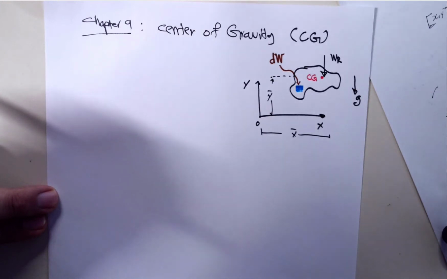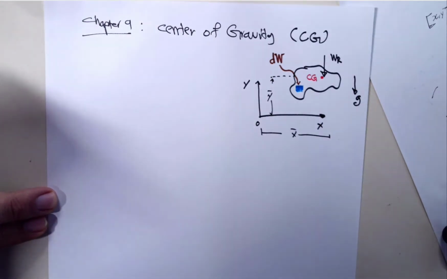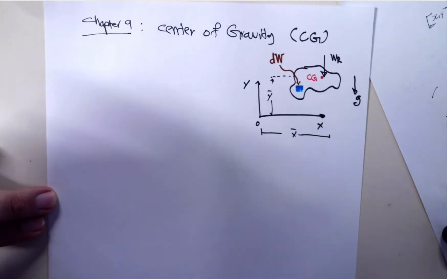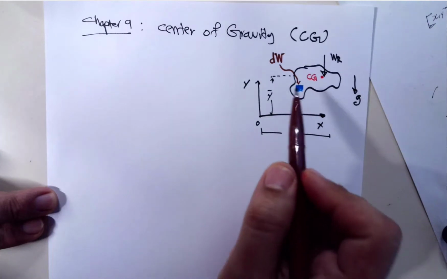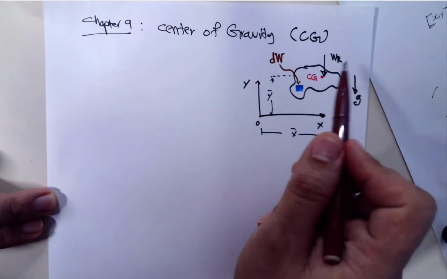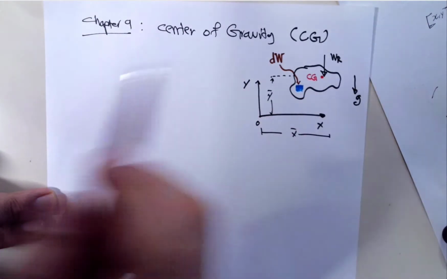From the previous chapters, we discussed the centroid concept, or the equivalent location of a force. We were able to identify that equivalency using the concept of the equivalency of moments. Now, what we are looking for is to compute the moment of the WR.